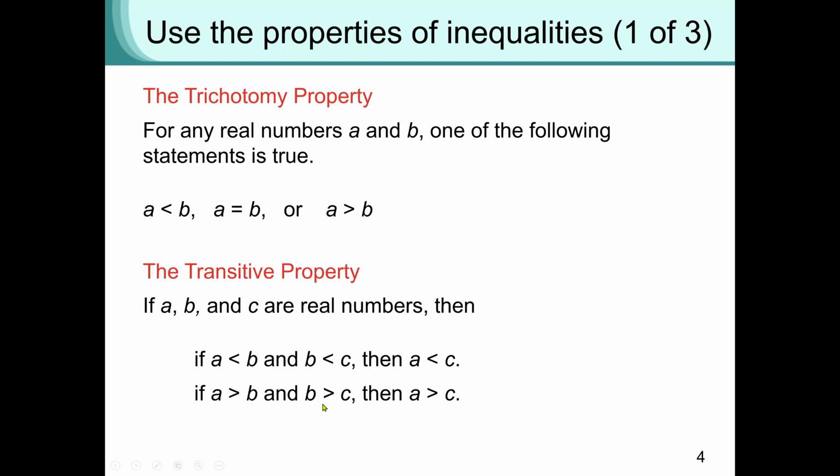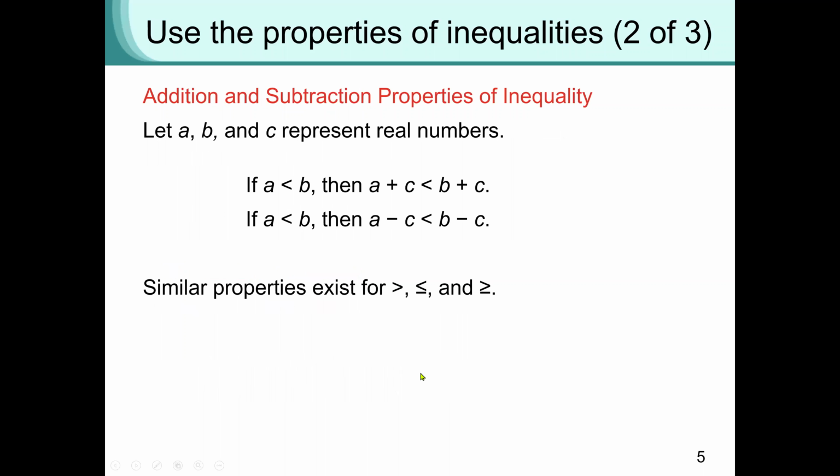The reason why, because B is greater than C and A is greater than B, then A is greater than C. So this is, again, our transitive property.